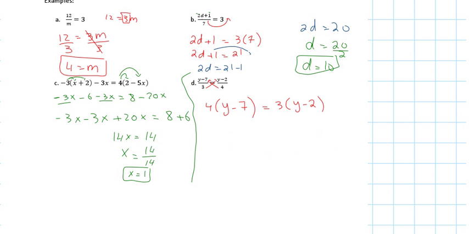Okay. Now the important part is you put the brackets. Now what do I do because I have the brackets? I have to use my distributive property. So that's 4y minus 28 equals 3y minus 6.